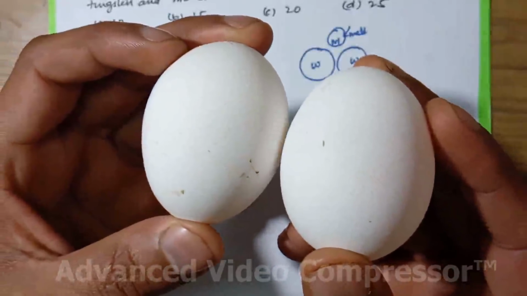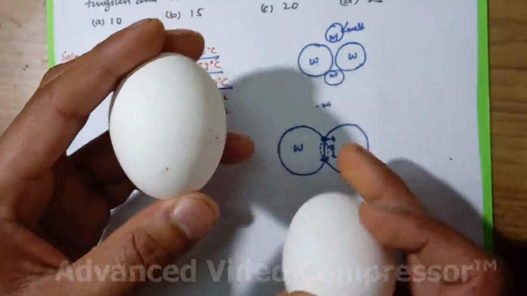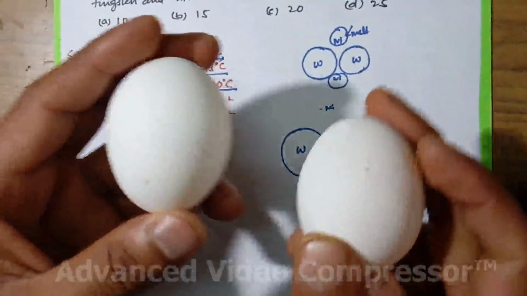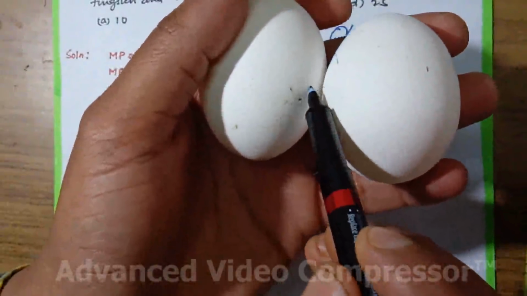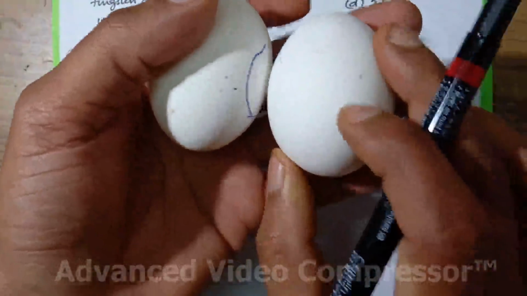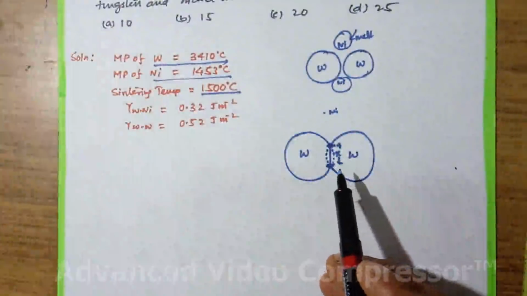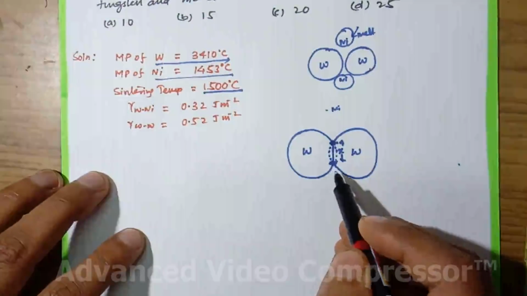When they are in contact and compressed, because in this zone the mass has been compressed, if you compress like this, then what will form? This will form a circle. They will contact here like a circle. So basically this x which I have represented here, x is the diameter of the circular contact, and that is called the neck.